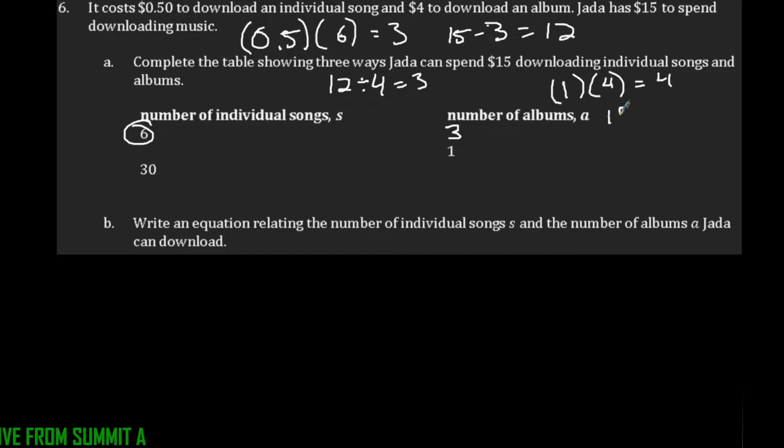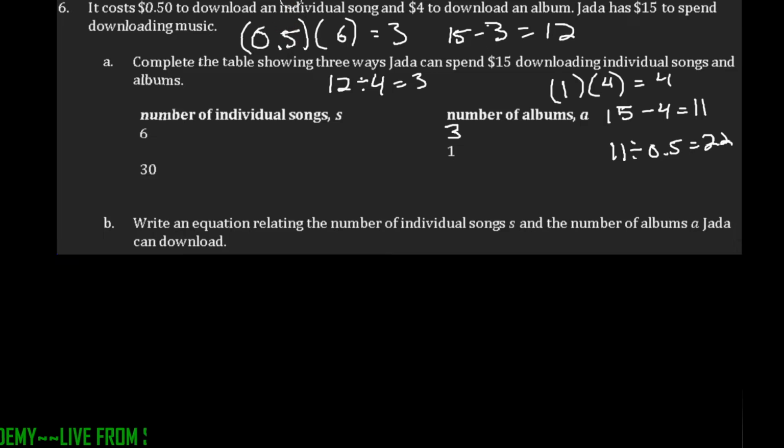If they spent $4 on albums, they have a remaining $11 for the number of songs. So we could take 11 divided by 0.5, which is going to be equal to 22. So 22 is going to be the number of songs that they can get if they buy 1 album.